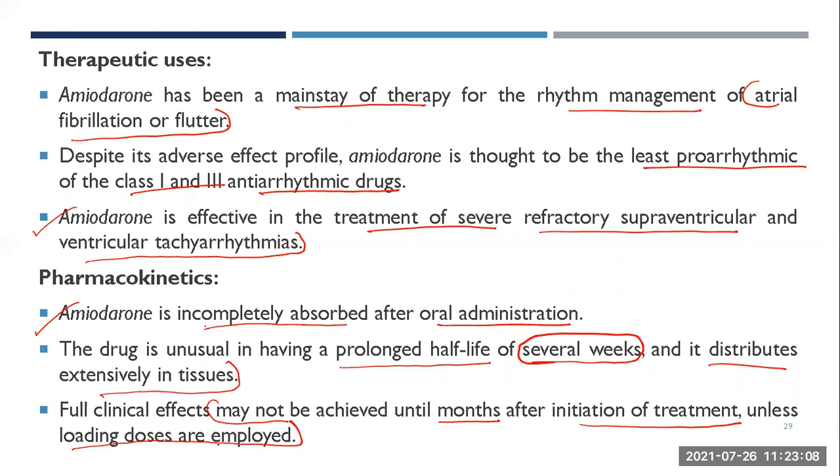With regular doses, as most of the dose will be distributed to the various tissues, very little plasma concentration will be present, and this low plasma concentration is not sufficient to achieve the full anti-arrhythmic effect. That's why a loading dose is essential for amiodarone.